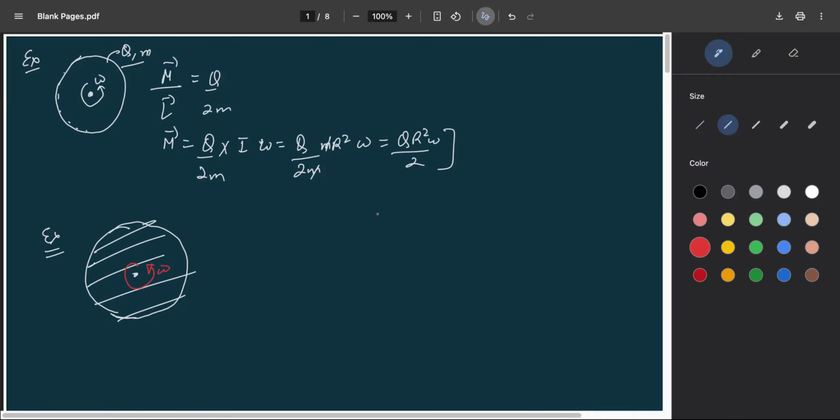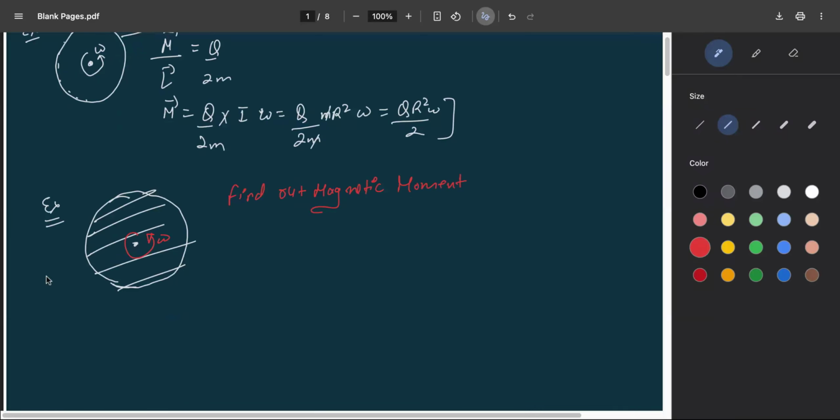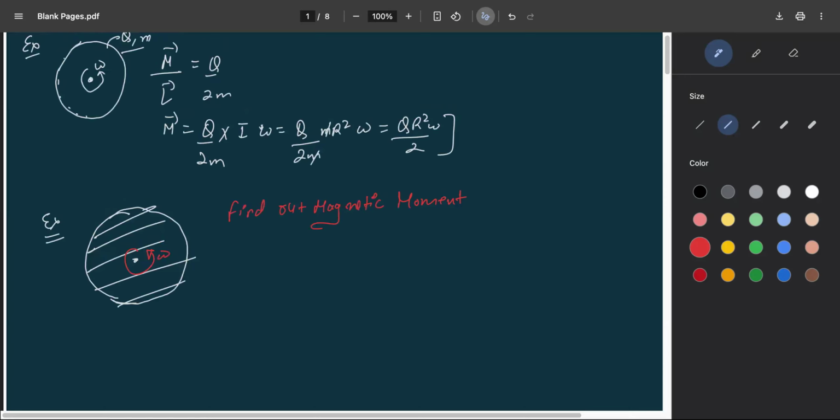You need to find out the magnetic moment. Can you calculate this? It's very easy if you go with the main concept we have studied so far.